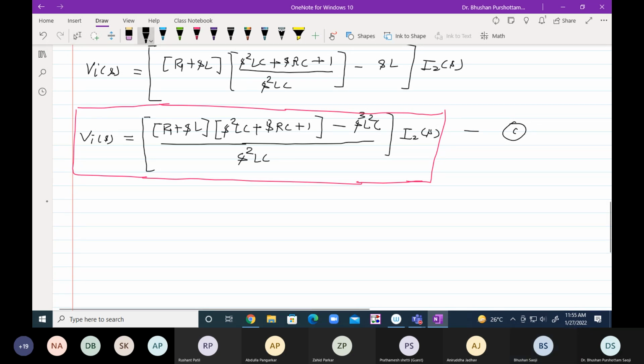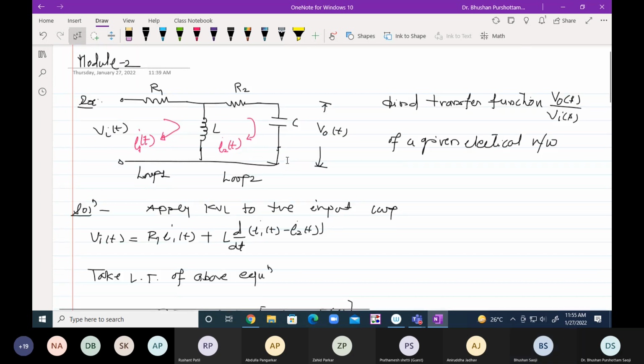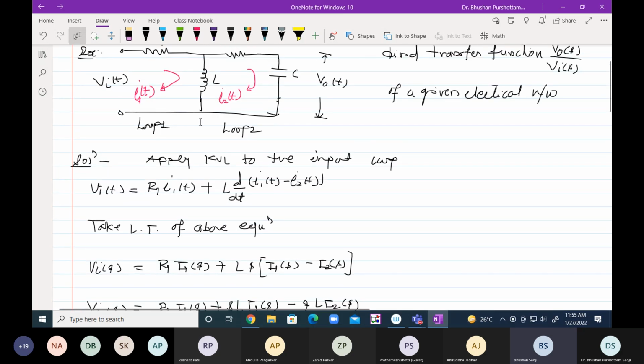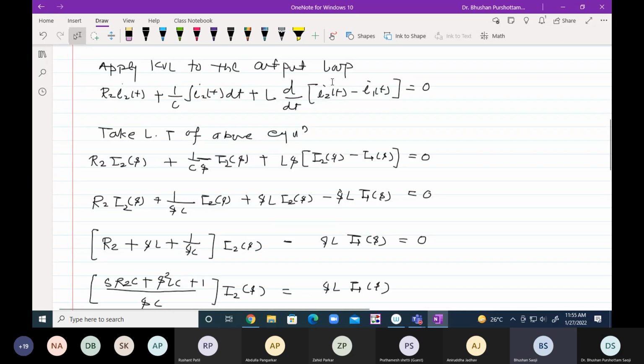Now, from the output loop, that means from loop number 2, the output is taken across the capacitor. What is the current flowing through the capacitor? That is I2 of t. So the voltage across the capacitor is nothing but V0 of t.